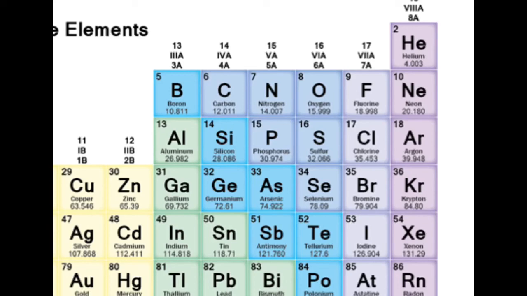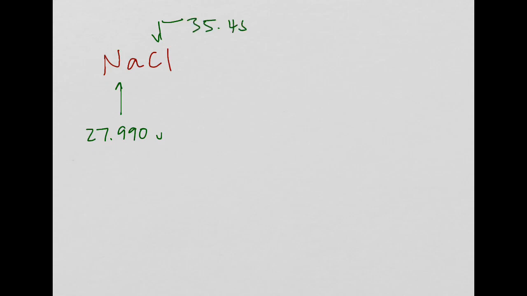Now, the next question is, what do we do with this? Well, let's imagine we want to figure out the unified atomic mass for something like sodium chloride. It's a pretty easy thing to do here, because all you have to do is sum up all the atomic masses. So in the case of sodium, the atomic mass of a single atom of sodium is 27.990 U. The atomic mass of a single atom of chlorine is 35.453 U. And again, I just got that from looking at the periodic table.